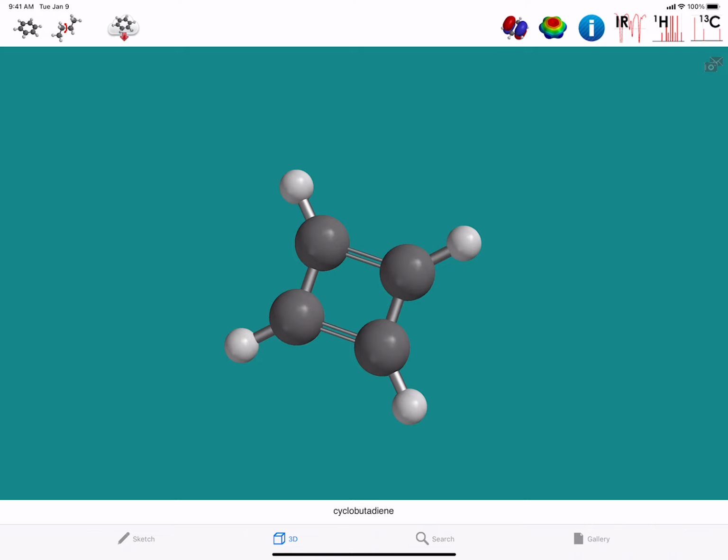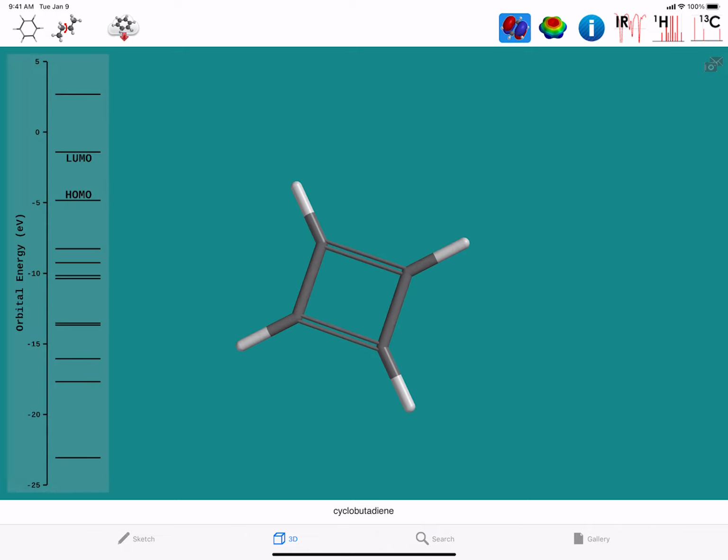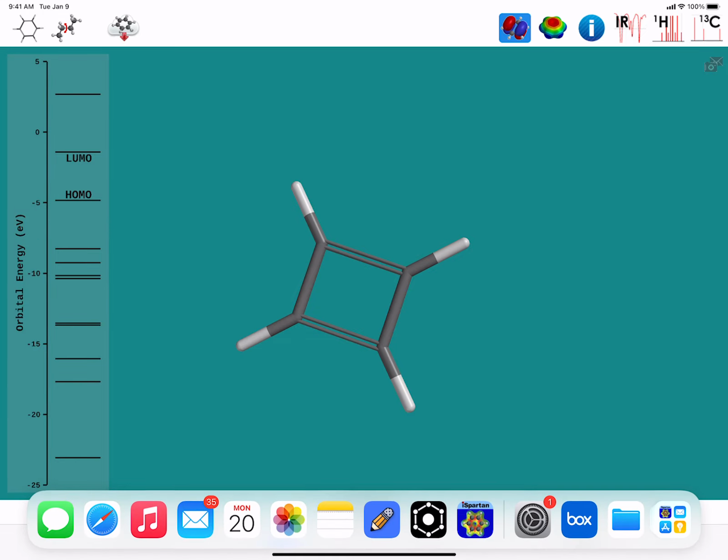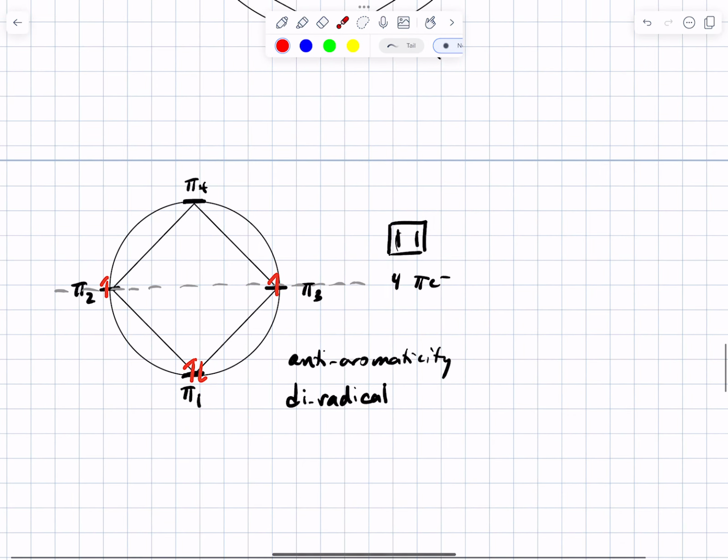That's trying to break up some of the conjugation. And if you look at what the HOMO and LUMO look like, you can see we're no longer dealing with the degenerate orbital pattern. It's shifted out now so that we avoid that. Anyway, it's an interesting subject, and probably beyond the scope of an introductory OChem class.